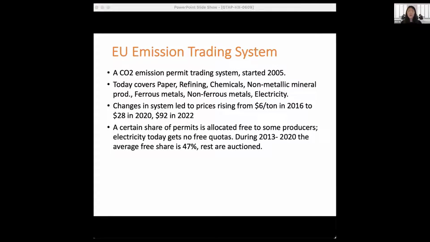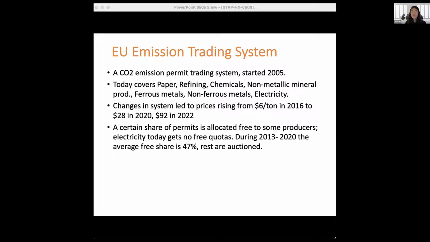Let me briefly introduce the EU ETS policy, started in 2005. This policy covers a few high CO2 emission sectors, like refining, chemicals, ferrous metals and so on. As we can notice, the permit price increased a lot in recent years, from $6 per ton in about 2016 to $92 per ton in 2020.